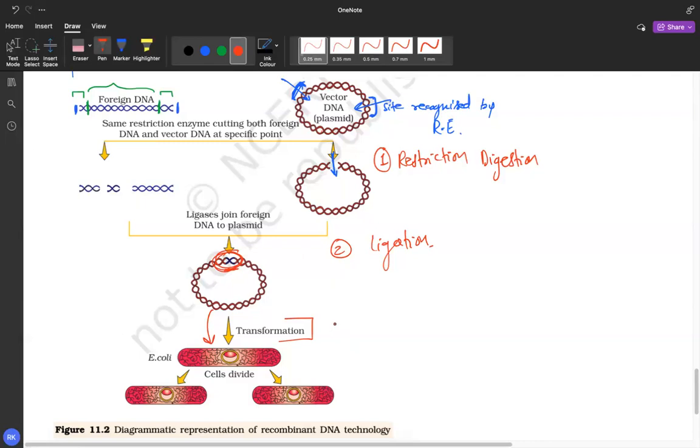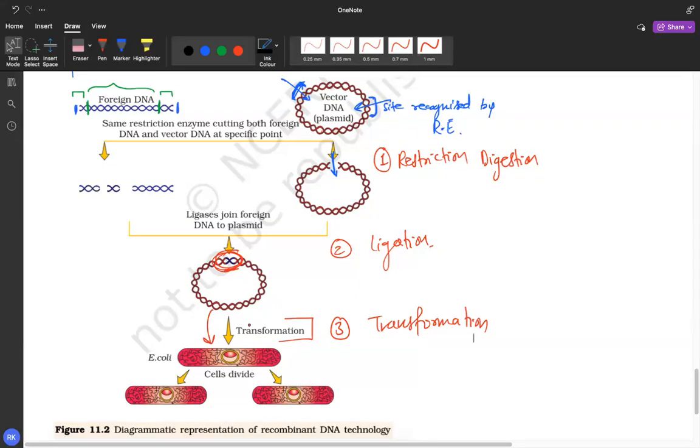And then the third is transformation. Why do I call it transformation? Because I am transforming this bacterial cell by putting a plasmid inside it, which contains some genes that are not bacterial genes. Bacteria did not have these genes naturally in its genome. I am sending them through a plasmid.